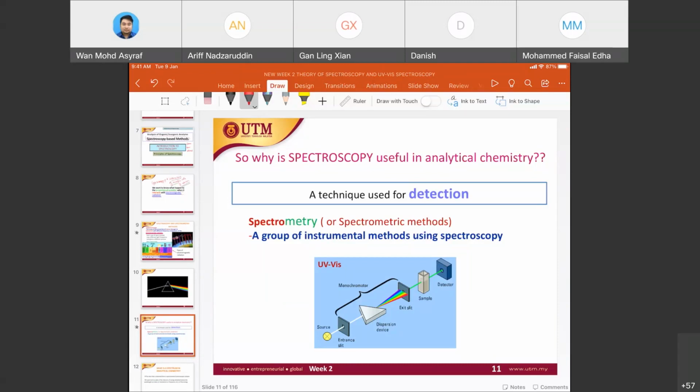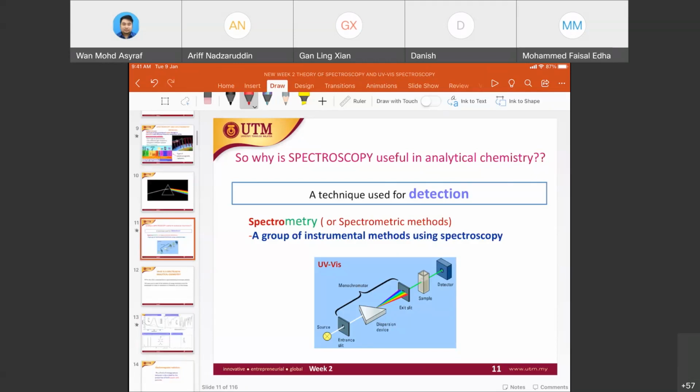Takkanlah kita nak stop sampai situ. We want to know whether Napoleon ni betul-betul mati disebabkan oleh arsenik. So it is a technique to use for detection, as well as kalau nanti bila kita further, kita boleh go for determination for quantitative purposes. Okay. Alright.